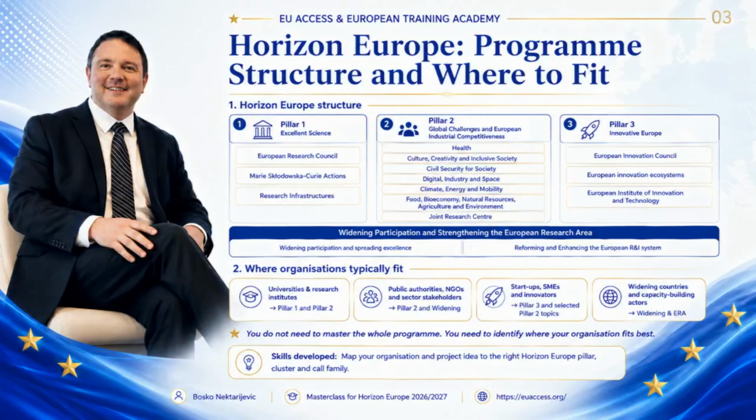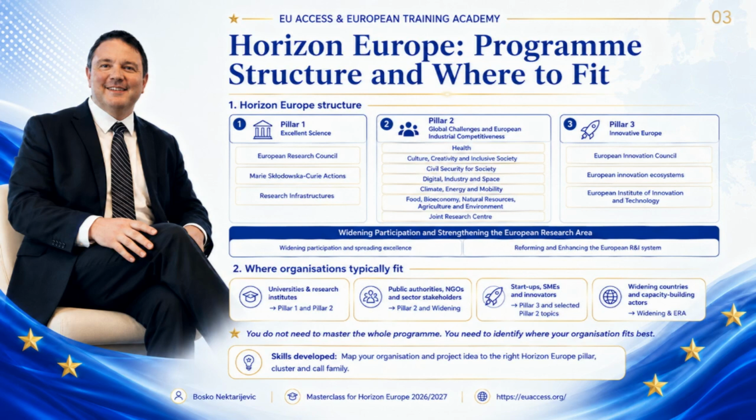Horizon Europe is large and complex, but participants do not need to master everything. They need to know where they fit. Pillar 1 is focused on scientific excellence, frontier research, researchers, and infrastructures. Pillar 2 is where most collaborative projects are found, organized around clusters such as health, civil security, digital, climate, energy, mobility, food, bioeconomy, and environment.